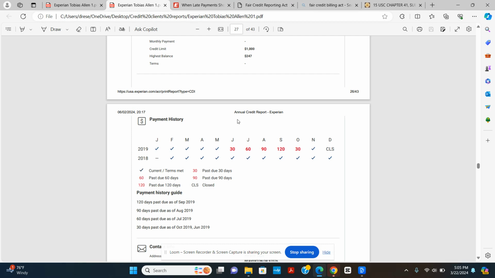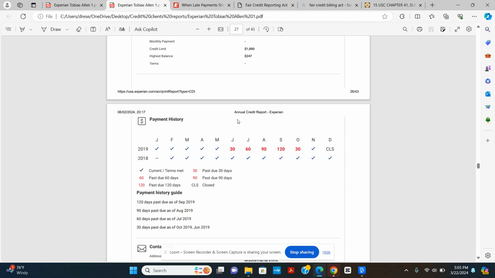How can you be 90 days late without being 60 days late? How could you be 60 days late without being 30 days late? You see the incomplete information. That credit report's incomplete, showing just a 90 and a 120-day late payment without showing my 30 and my 60.